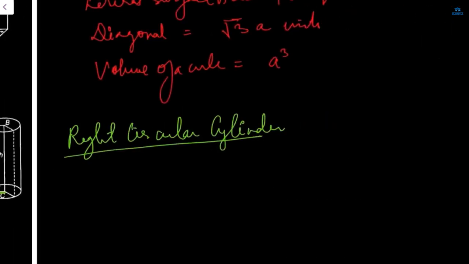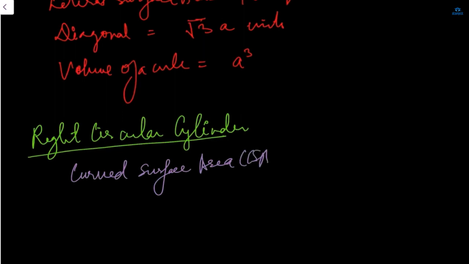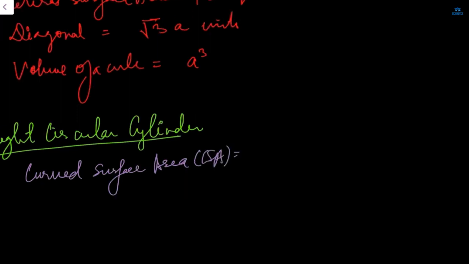Now here you can see the surface is curved, so instead of lateral surface area, we are saying curved surface area. Ma'am, it will not have total surface area. Yes, of course, it will have total surface area. Instead of lateral surface area, we are writing curved. In curved surface area, only the curved area will come. So what circumference of the base you will take, into height. So it is 2 pi r h.